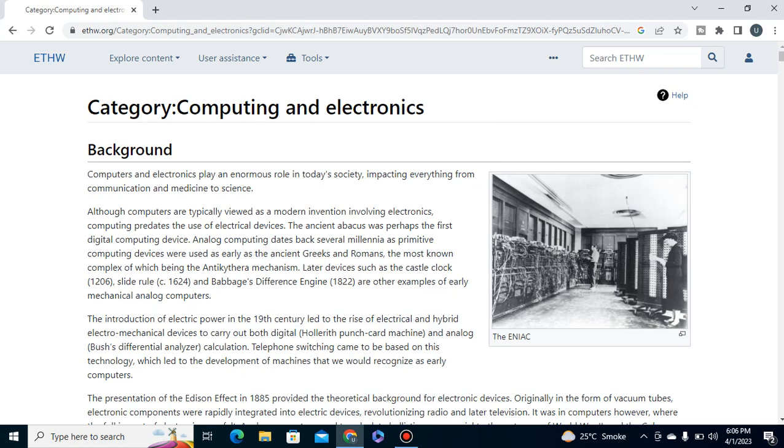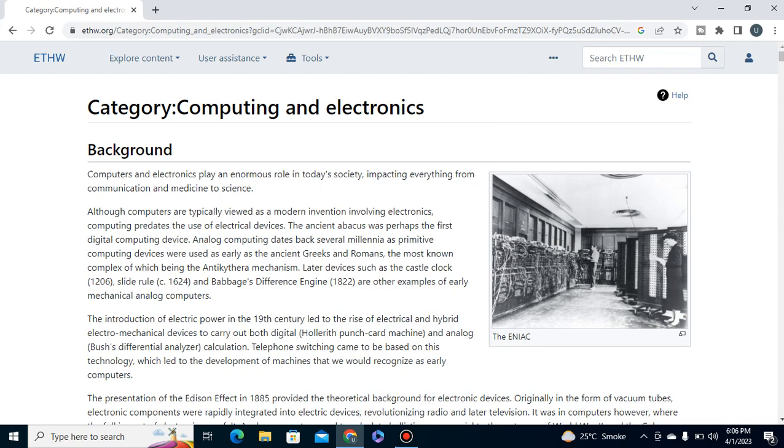The introduction of electric power in the nineteenth century led to the rise of hybrid electromechanical devices, such as punch card machines and analog technology, which led to the development of machines that we would recognize as early computers.